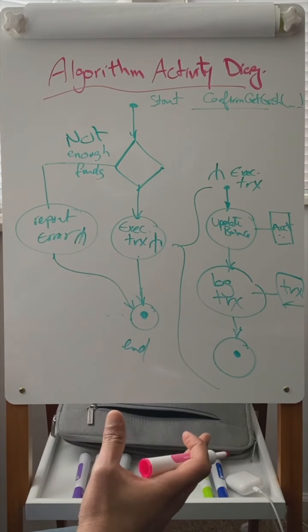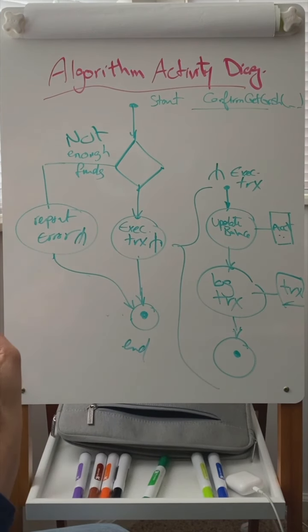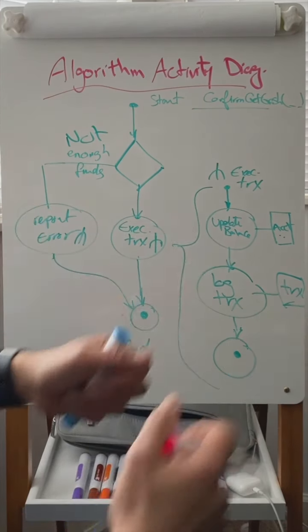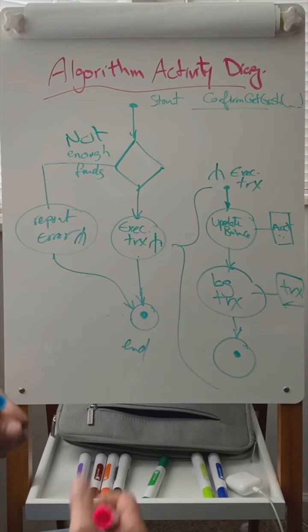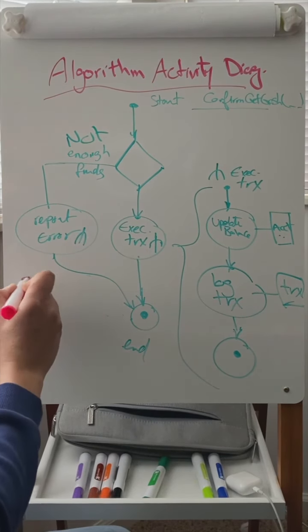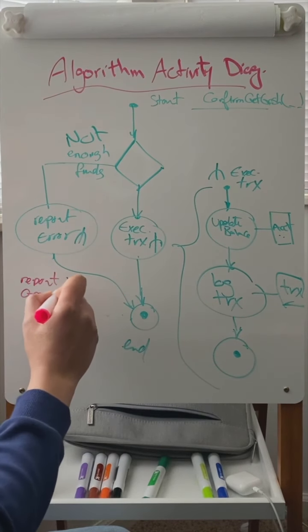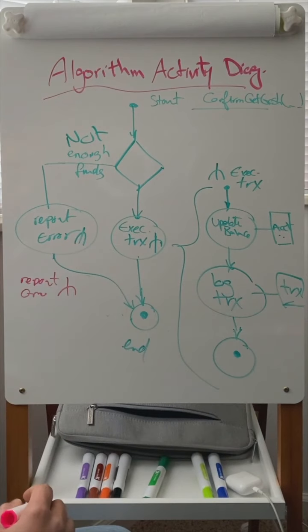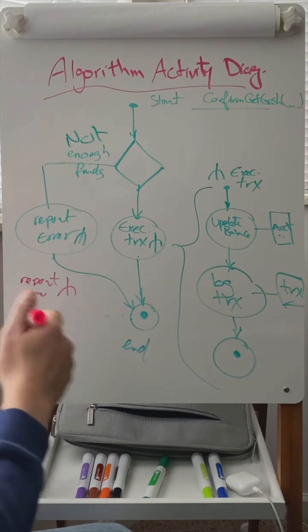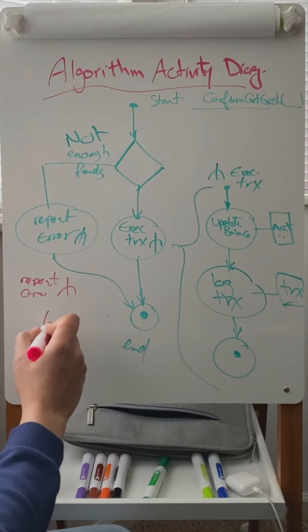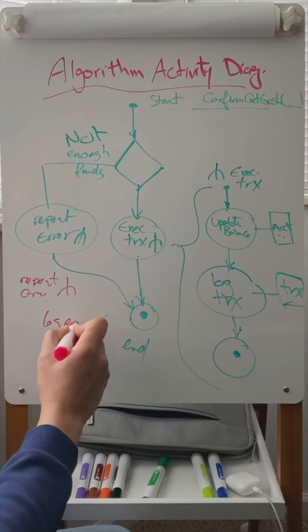It's not documentation. It's not a design. This is not our design. It's a tool to get us to discuss. So we take report error, and this is a fork, so we know it comes from here, and this can be on a different page, and you would do maybe log error.